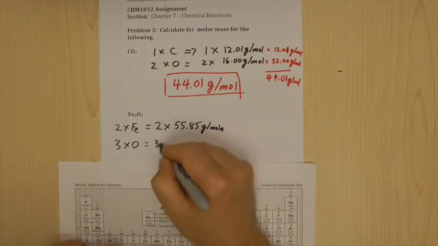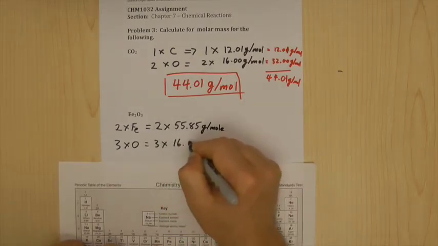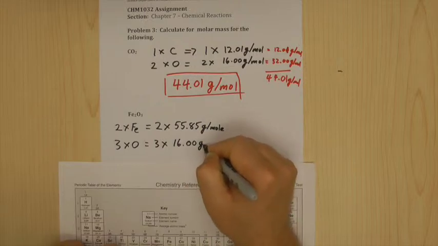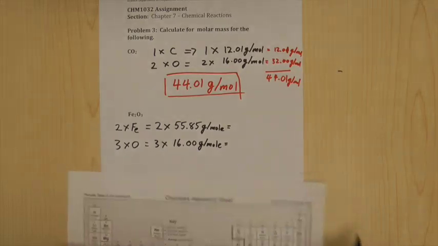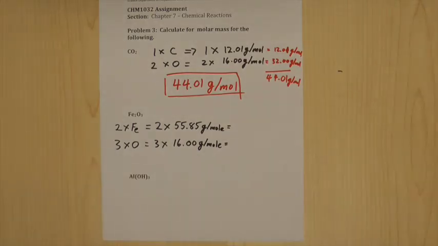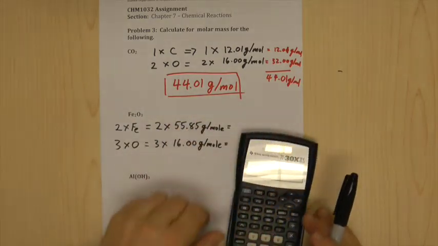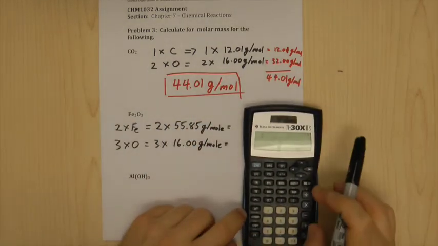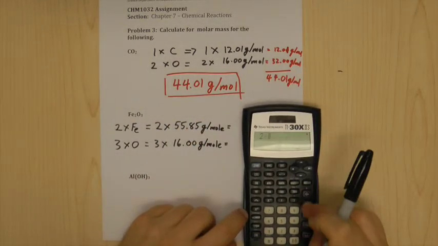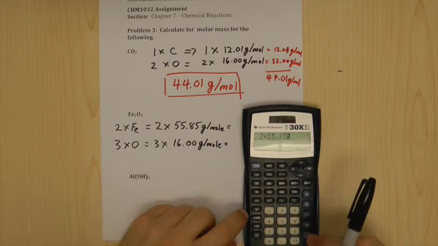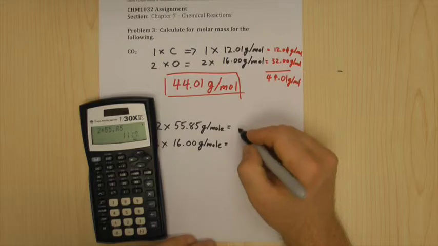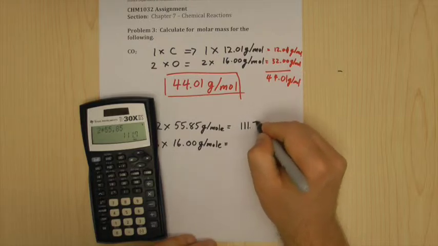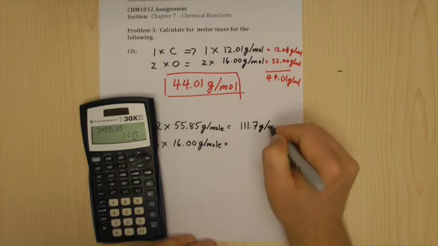Oxygen will be 3 times 16.00 grams over mole. Equal. Alright, let's get rid of the table. You don't need it anymore. Get out our calculator. 2 multiplied by 55.85 equals 111.7 grams per mole.